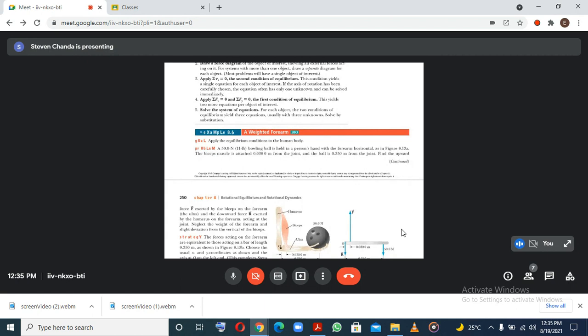So please, again, I reiterate: always read the question from the beginning. Having said that, we can then proceed. So that's what we are looking at. The question is asking us to find the force being exerted by the biceps on the forearm.